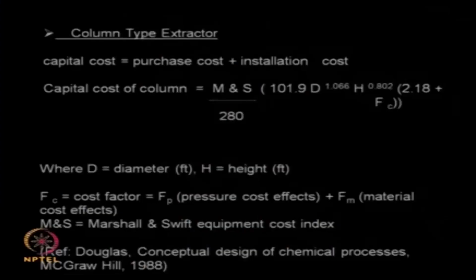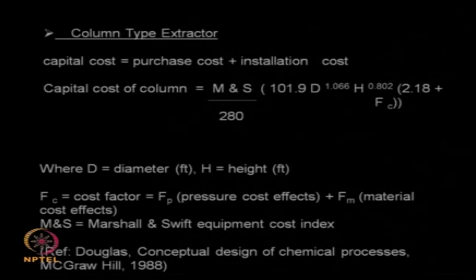Capital cost is not only purchasing the equipment, but also installing it. That means you are making the equipment usable. These factors also need to be considered when you calculate the capital cost. So, it is a combination of purchase cost plus installation cost.